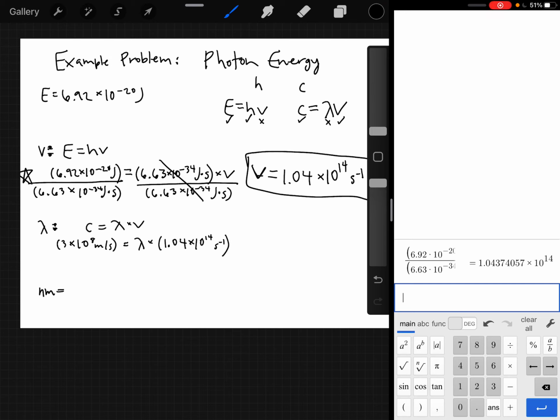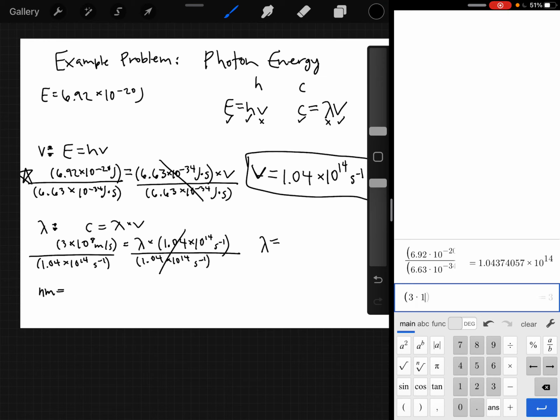Now that I have everything plugged in, and I only have one unknown variable, I can solve for lambda. So I'm going to divide both sides by my frequency, 1.04 times 10 to the 14th hertz. These cancel out, and now in my calculator, I need to type exactly how I have this written. Whenever I'm using scientific notation, I need to be using parentheses.